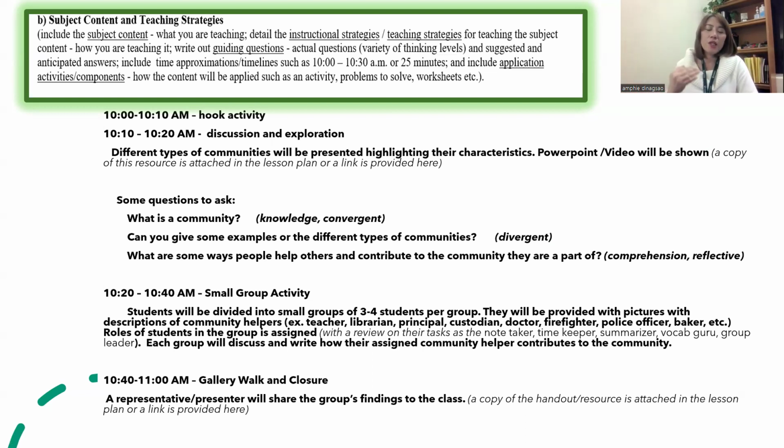But again, it's very important that we write our questions and we also determine the level in terms of Bloom's taxonomy. At the same time, we also have to know the type of question. Again, you've learned this: convergent, where you ask a question that has a definite answer, and then divergent. These are questions where the answers are not predictable and can be as varied as your students.